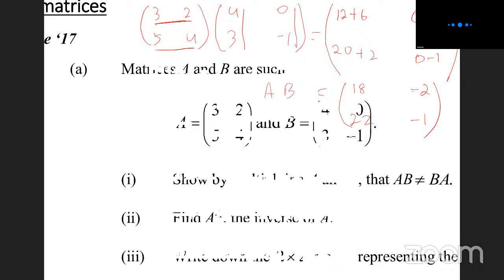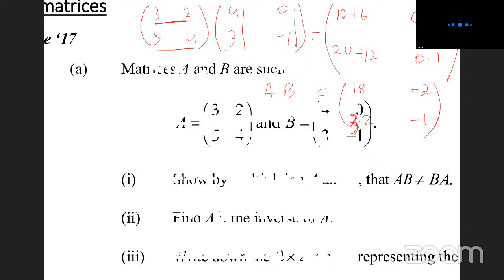Now let's switch it around and do B by A. Oh, 3 by 4 is 12. Oh okay, yeah, 32 here.